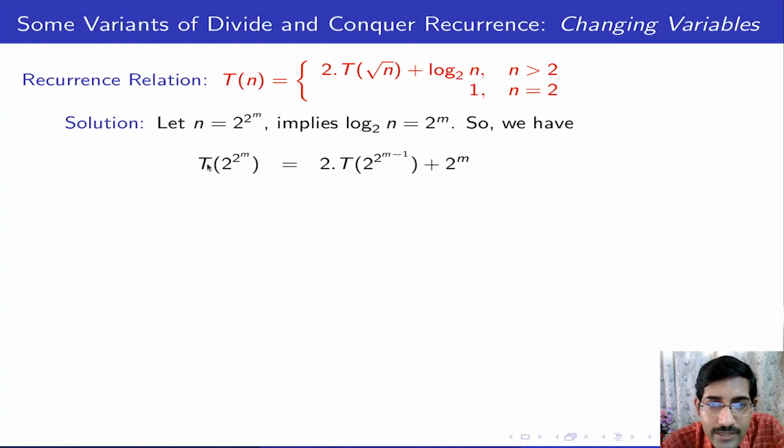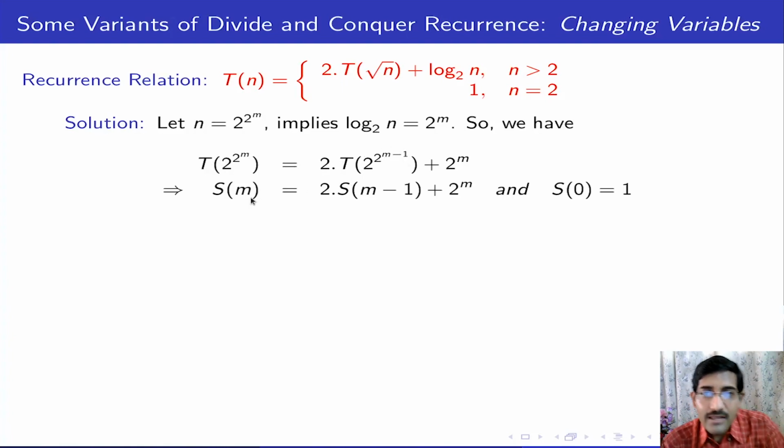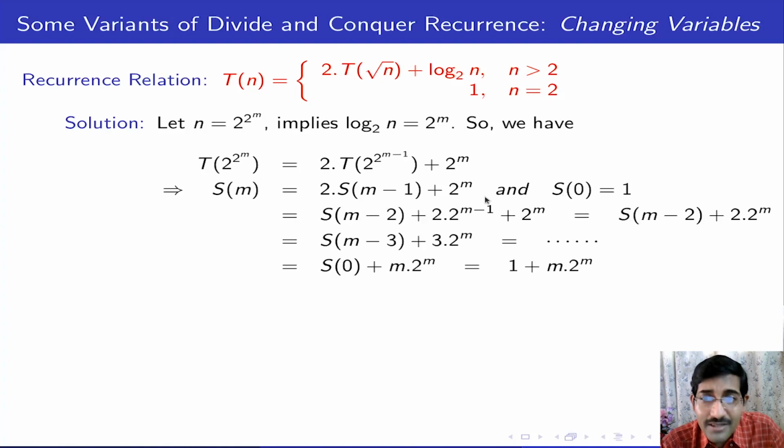Now it looks very simple, because if I assume this to be Sm, then this will be my Sm minus 1. Which helps, because now Sm equal to 2 into Sm minus 1 plus 2 to the power m. And S0 is 1. Which means now you can easily go this way.